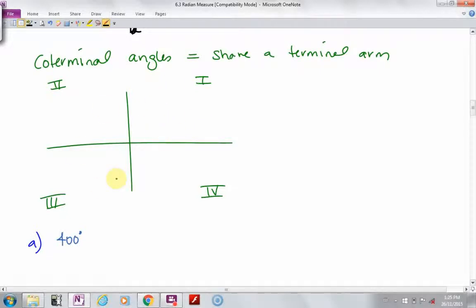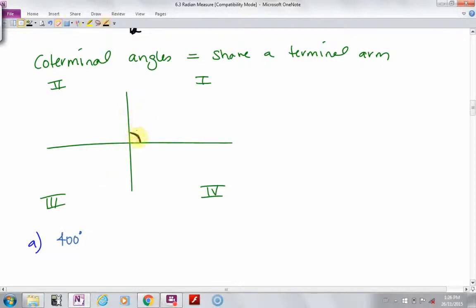110 degrees is in which quadrant? Walker? 110. Here is how many degrees? And here is how many degrees? So what's this angle here? Walker. 90.